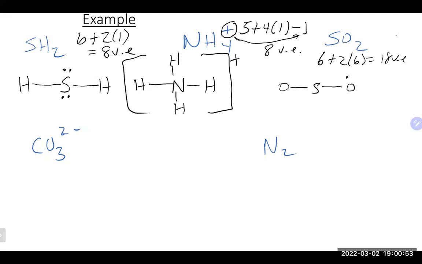Those go on the outside in pairs. So 2, 4, 6, that is full. 8, 10, 12, that is full. At this point, I have put on 16 electrons and I have 2 more to go. Those 2 go to the center now, also as a pair.